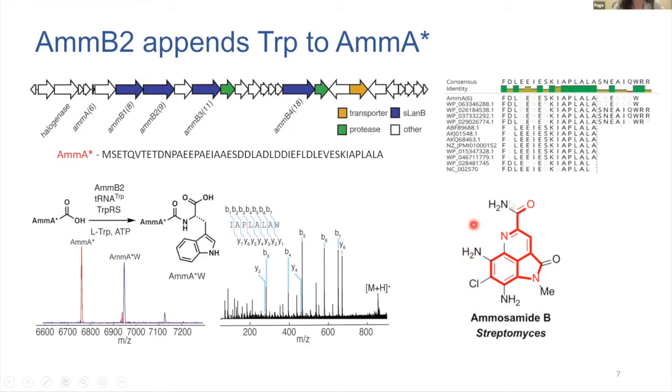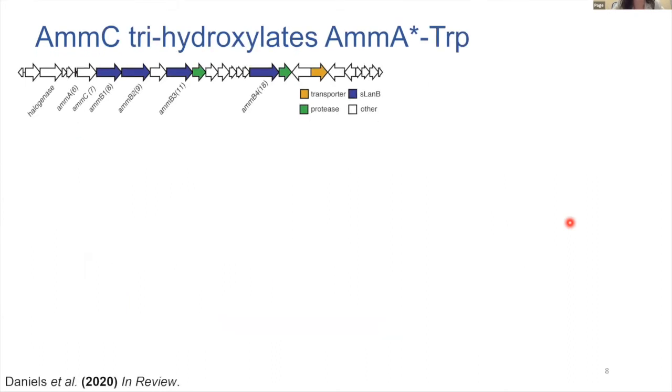We also don't know where these amino groups come from, but it is my pleasure to tell you today that we do know a little bit more about what the PEARLs are doing and where those amino groups are coming from. After we identified the product of AmmB2, the tryptophan appended at the C terminus, we decided to investigate the other sequences within the biosynthetic gene cluster.